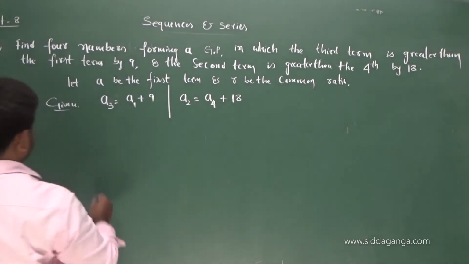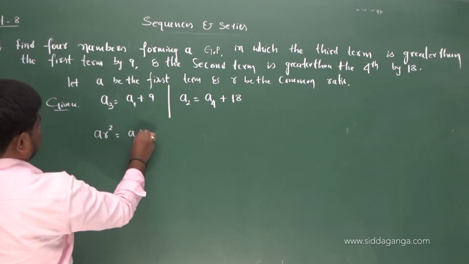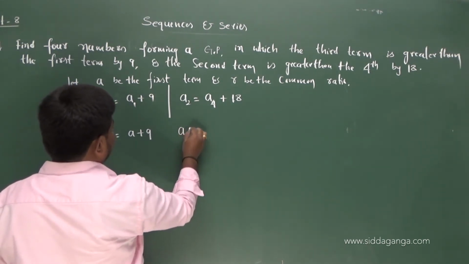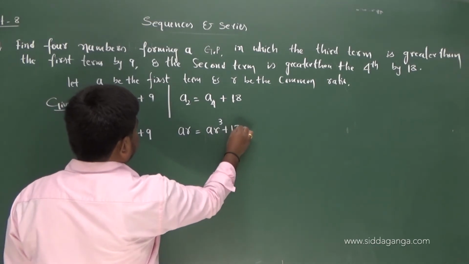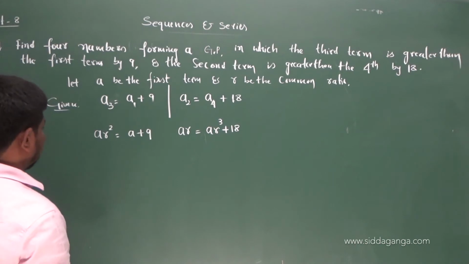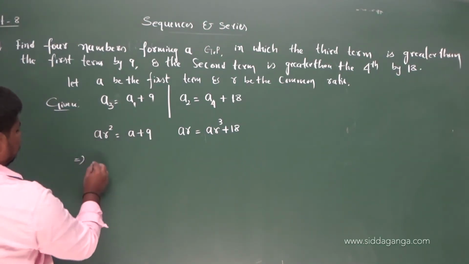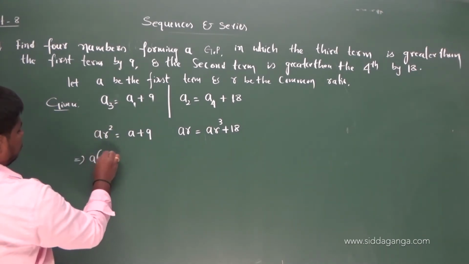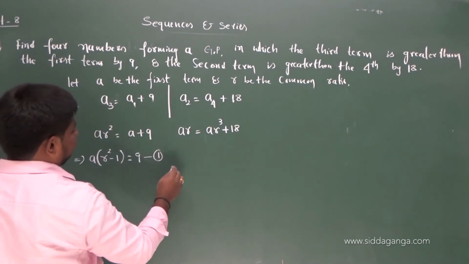So the third term is AR square equal to A plus 9, and the second term AR is equal to AR cube plus 18. Let me find the value of R. Taking A to the left side and A common outside, we get A(R square minus 1) equal to 9. Take it as equation 1.